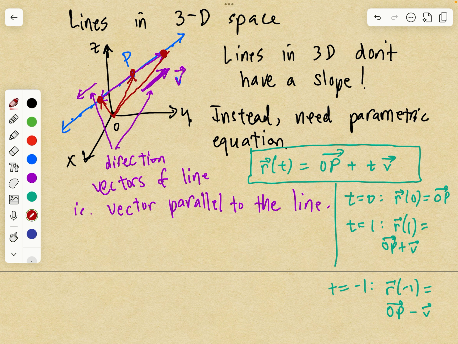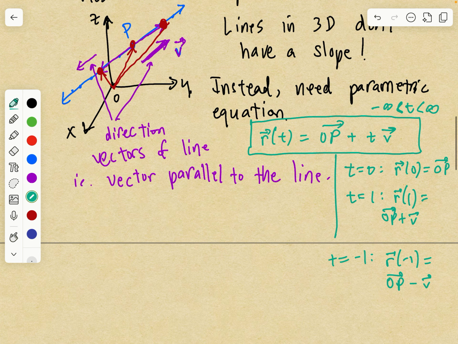So you get all these points that are on the line. And as you vary t, as t ranges from -infinity to infinity, that means all possible real numbers, you end up tracing out this line, the blue line. So that's why that's an equation for the line.